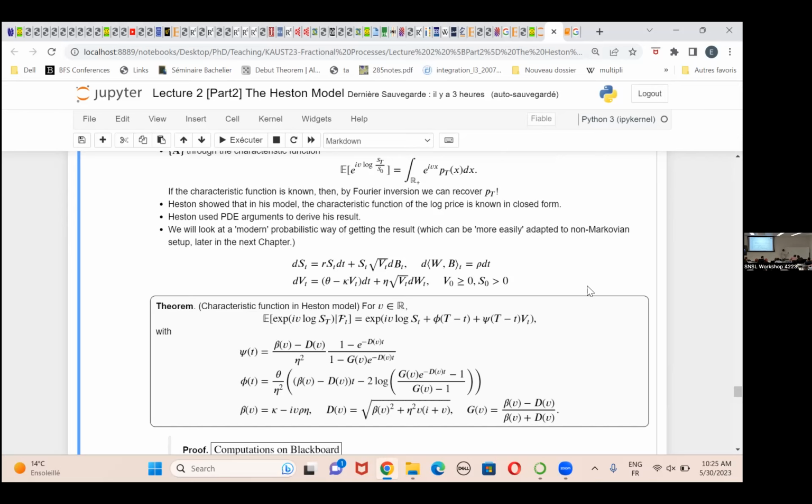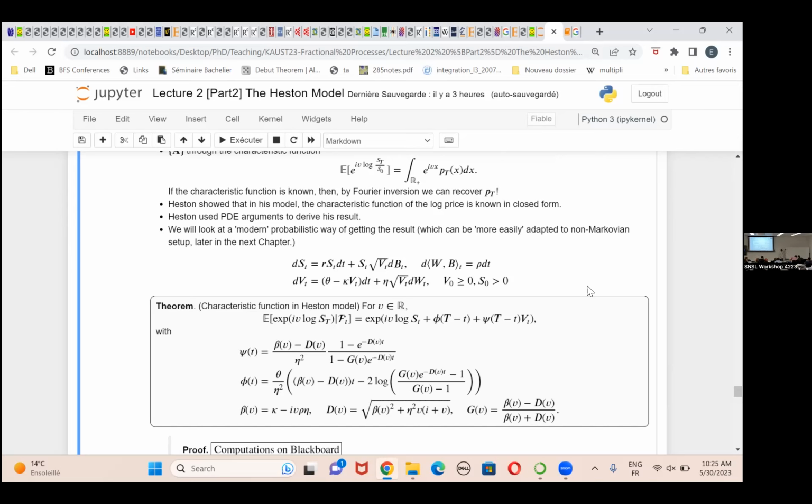So this is a guess for some functions phi, psi, chi, deterministic functions, to be determined. So in a way, you decouple the stochastic part from the deterministic part.